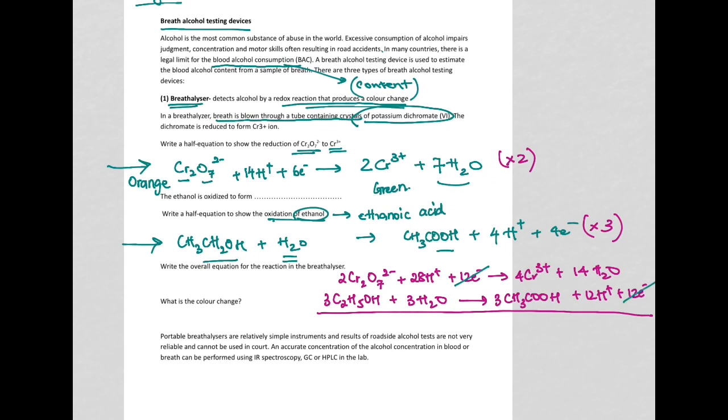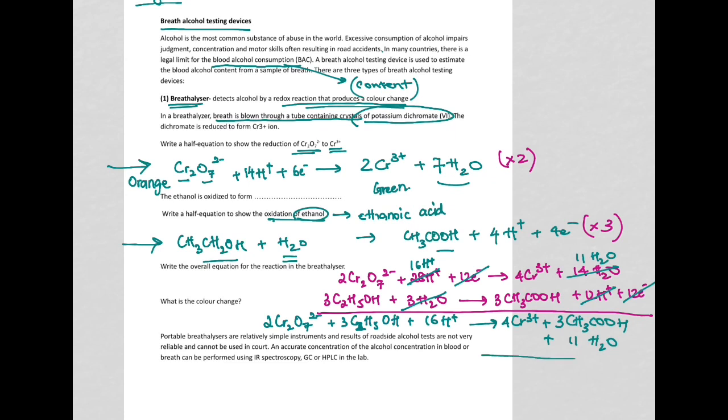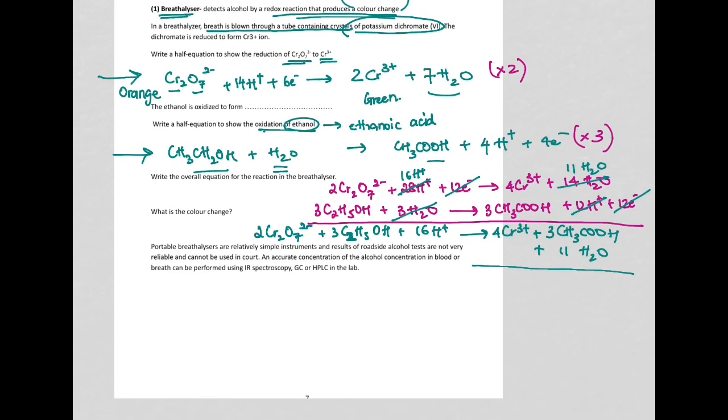Water is going to cancel out, so 14 minus 3, so I'm going to be left with 11 H2O here, and the H+ will also cancel out, so 28 minus 12. And from this I can rewrite the combined equation. Right. So this is the same technique that we've used in topic 9, how to balance redox equations.